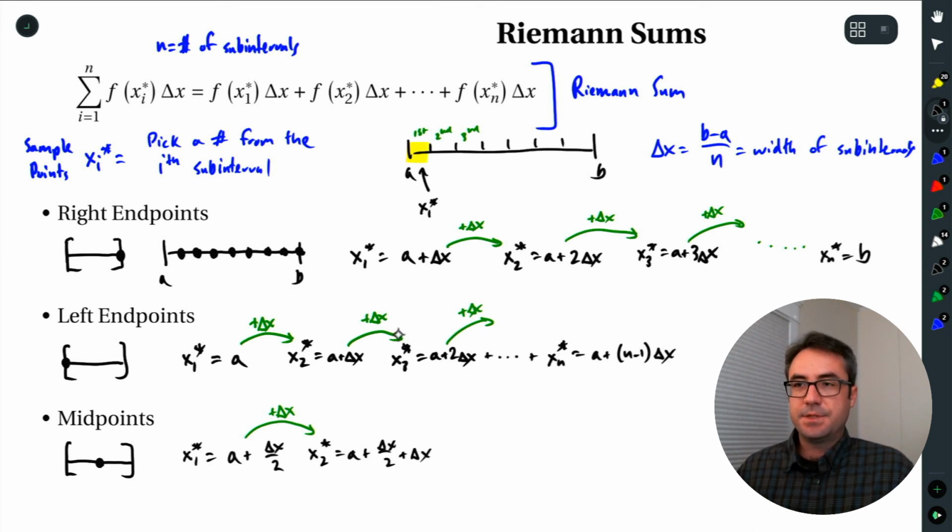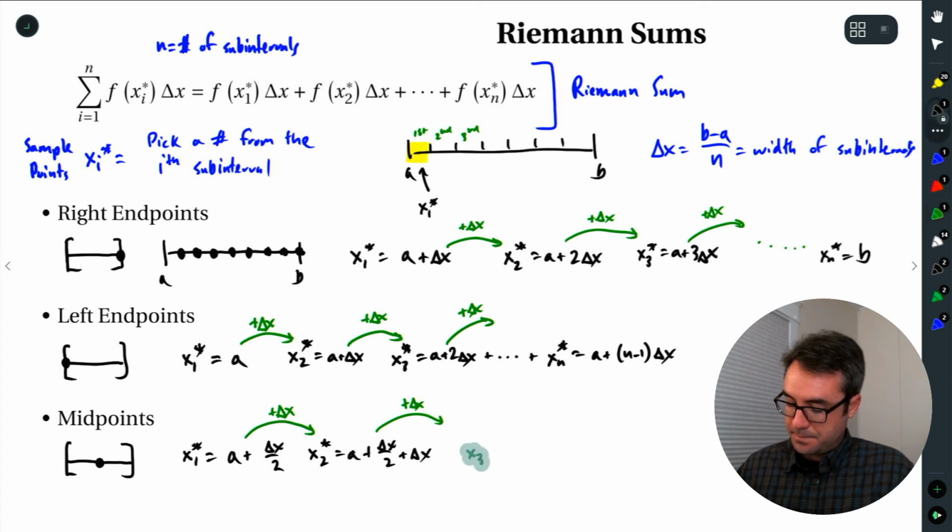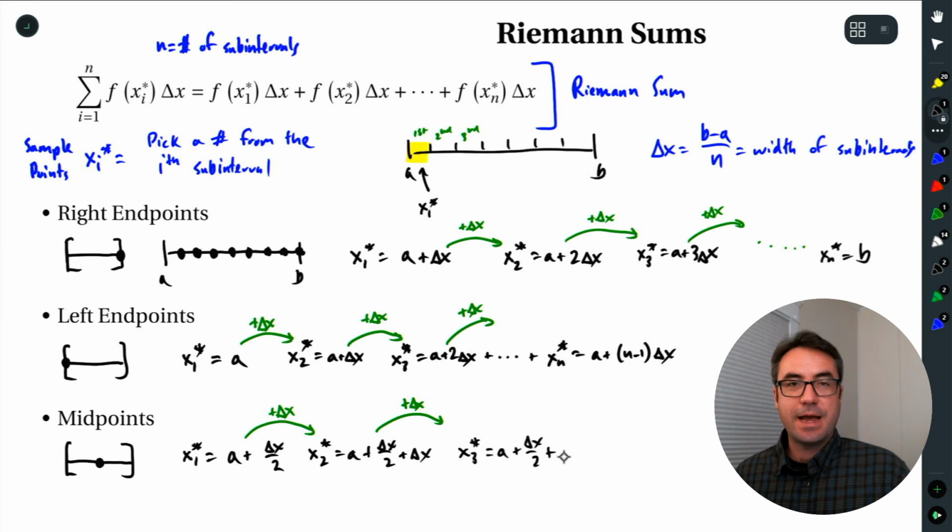And then to get x3 star, what are we going to do? We're just going to add in another delta x. So we'll have A plus delta x over 2, and then we had a delta x, and we're adding in another one, so we'll have 2 delta x.